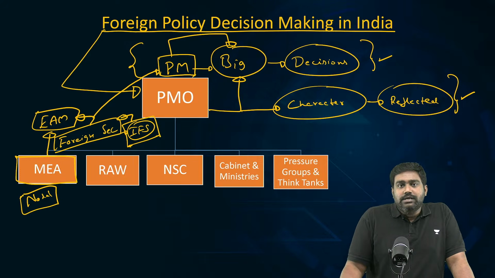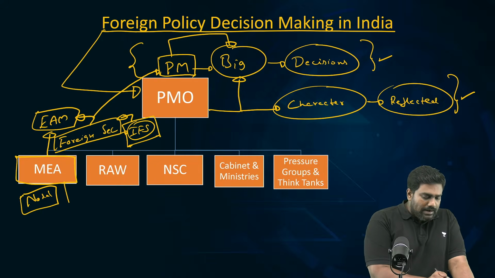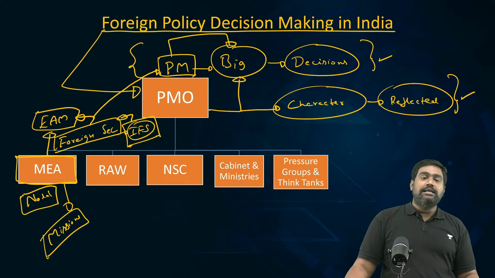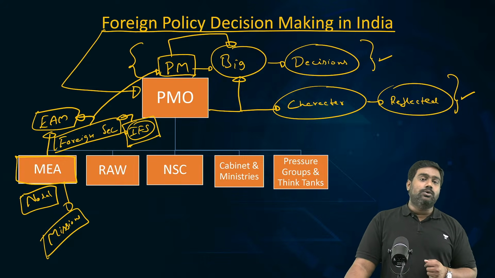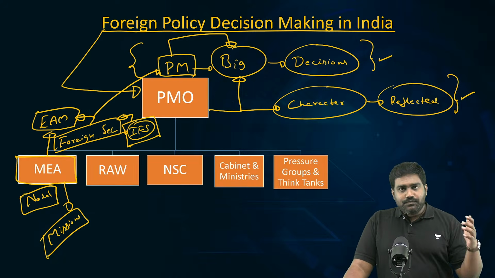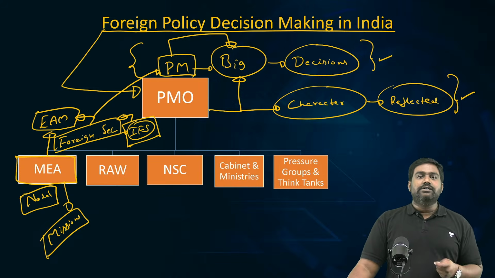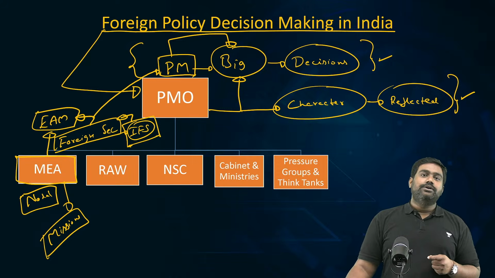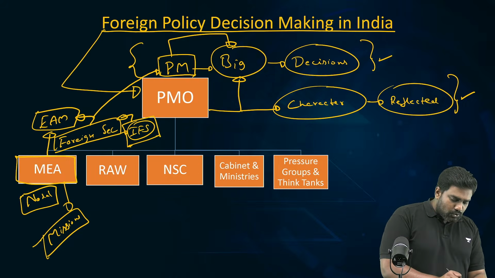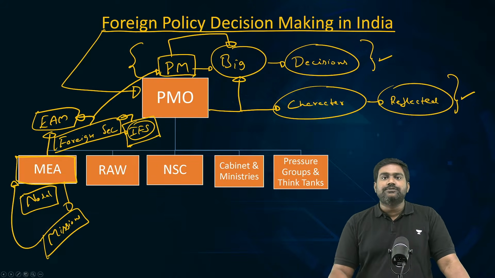So the MEA maintains a global network of Indian missions, Indian embassies, high commissions in global capitals around the world, Indian consulates in important cities around the world. The Indian diplomats who run these missions, the ambassadors, the high commissioners, and the other career diplomats who are deployed, are the ones who run our foreign policy on a day-to-day basis.